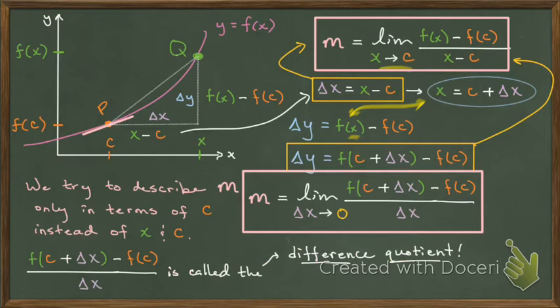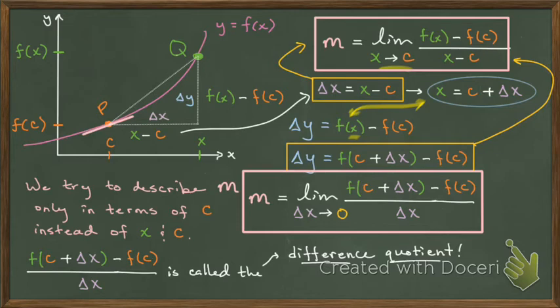This right-hand side, inside my limit, is called the difference quotient. That term is going to come up relatively frequently. I'll use it probably a few times in this video. That quotient there is referred to as the difference quotient. So what we have here is the slope of the tangent line at c.